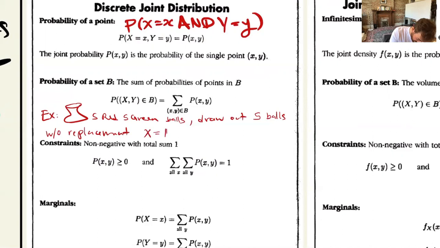Let x be the number of reds and y the number of greens. Now compute the probability that x is between 1 and 3, and let's calculate the probability that y is between 2 and 4.